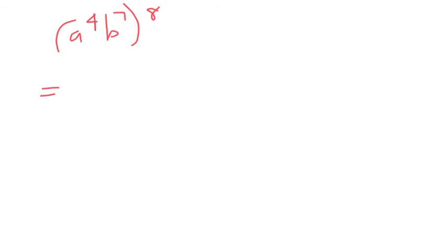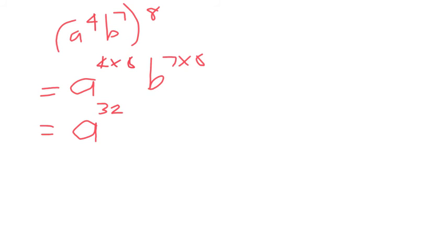So what we can do is we can say a to the power of 4 times 8 and b to the power of 7 times 8. So 4 times 8 is 32, so a is to the power of 32 and b is to the power of 56. So 7 times 8 is 56. So that's how we would work out a problem like that.